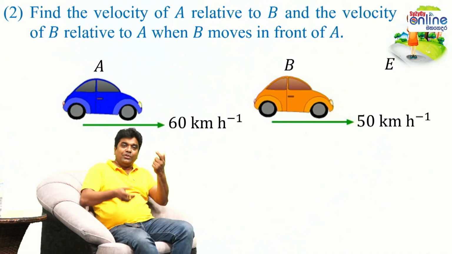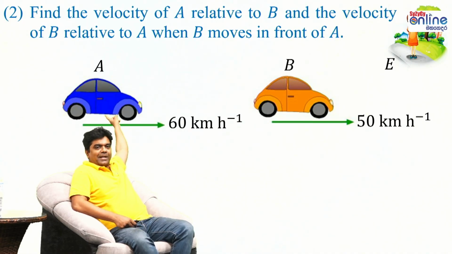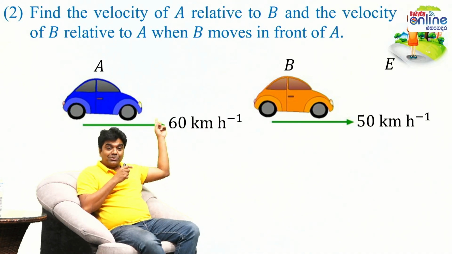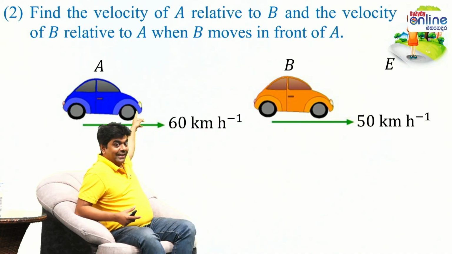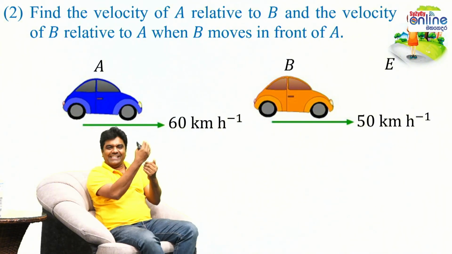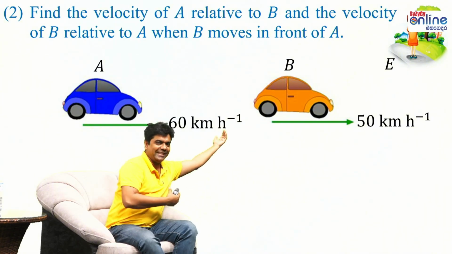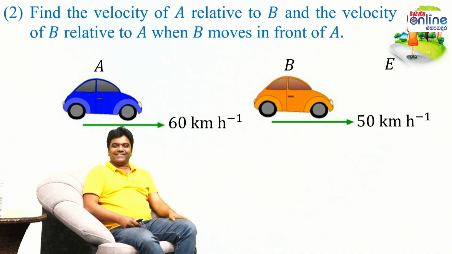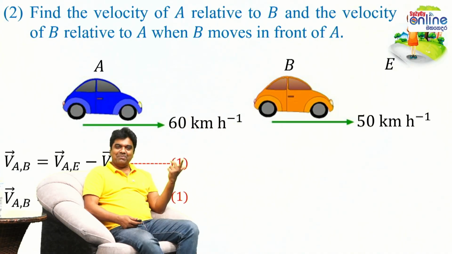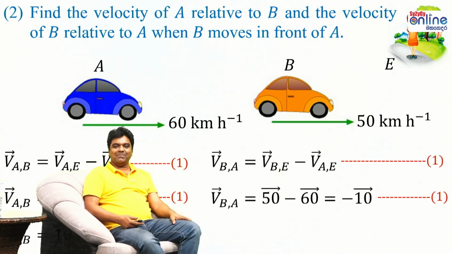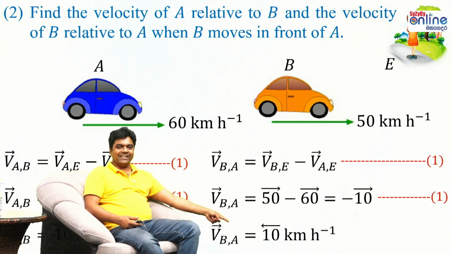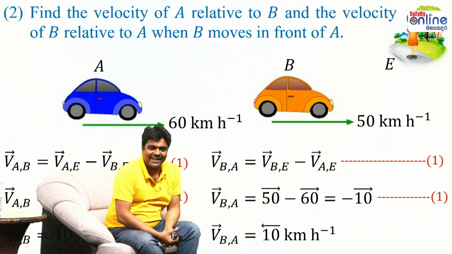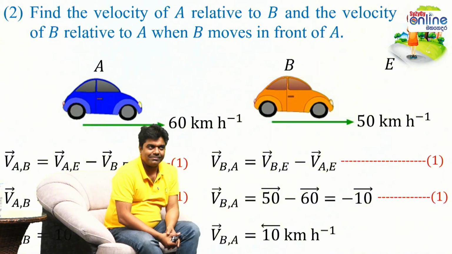On the other hand, if you are in car A, relative to car A, B is coming backwards. You see that this is coming backwards. That is that arrow we marked in the backward direction here. You mark this arrow backward to explain that B is coming backwards.